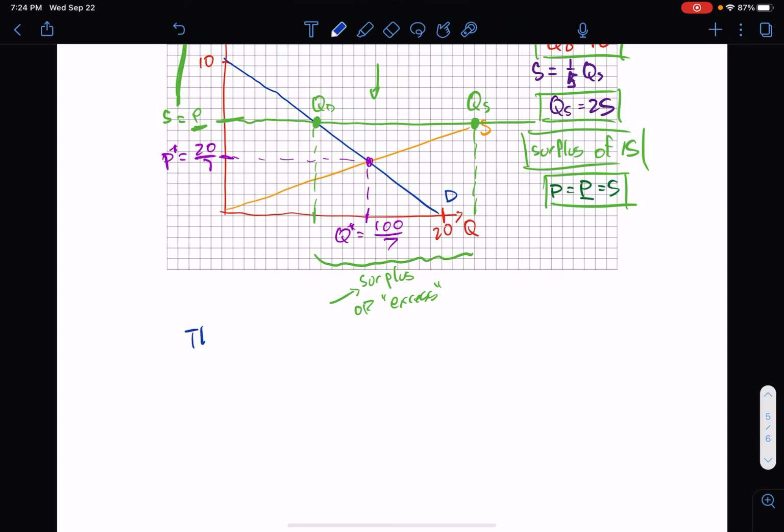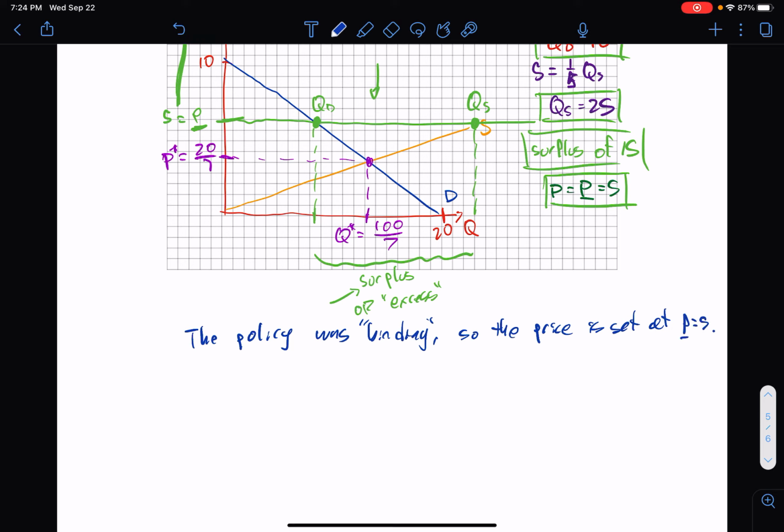So the policy was binding. So the price is set at P lower bar equal to 5.